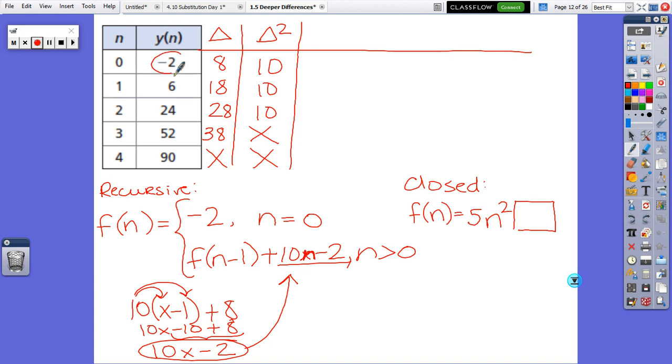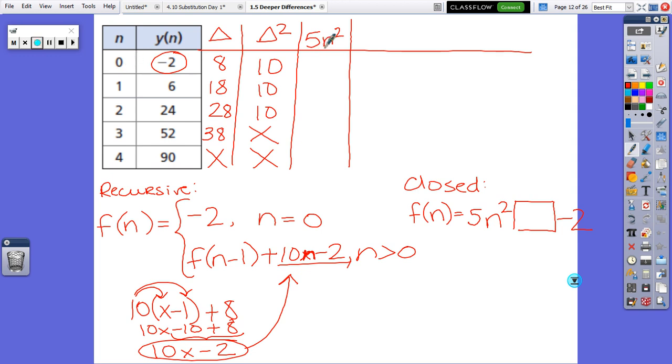Okay? And then this is going to be the constant at the end, so minus 2. And then the way that we do this, we put this up here, so 5n squared. Okay? So remember, square the n first, then multiply times 5.